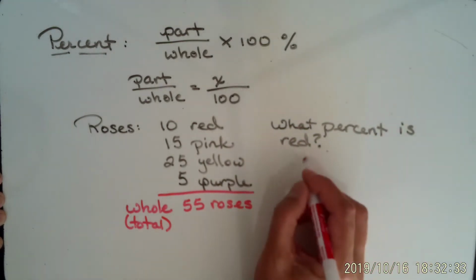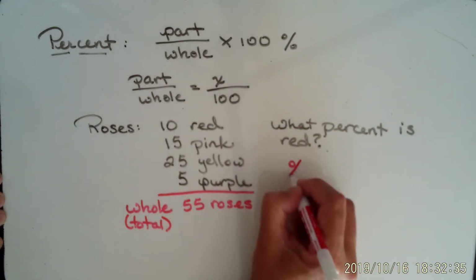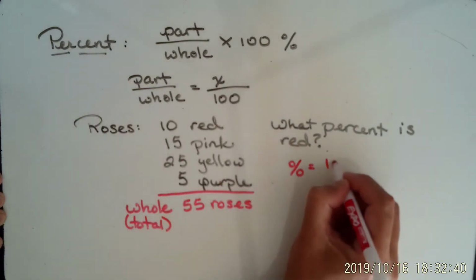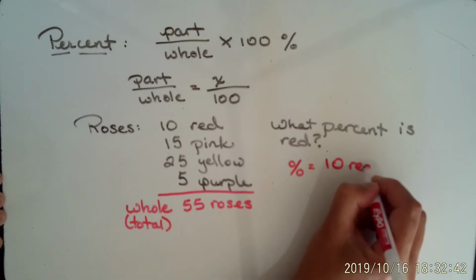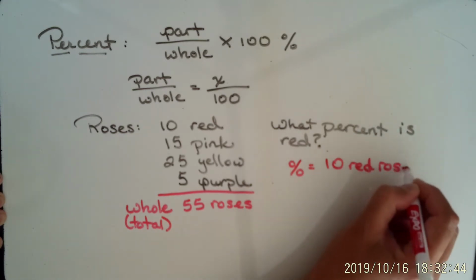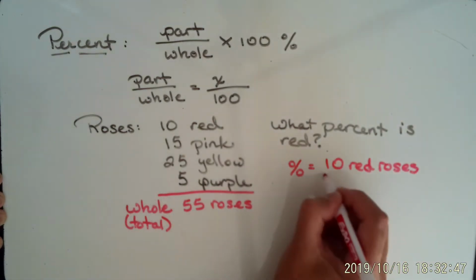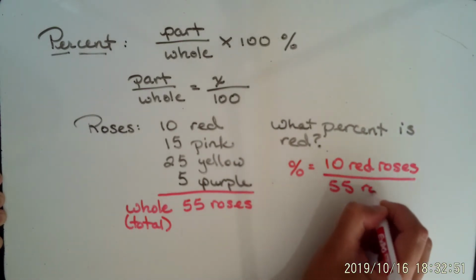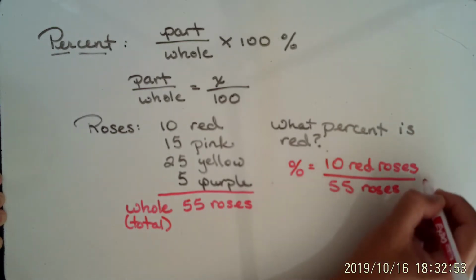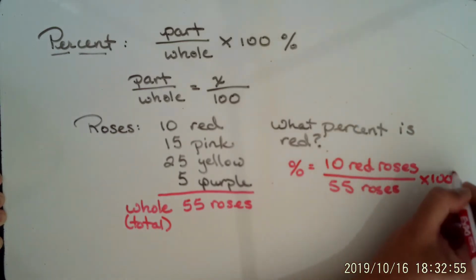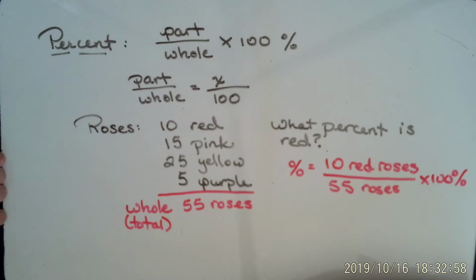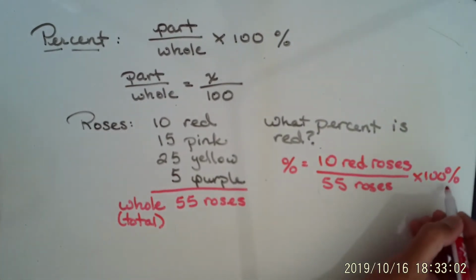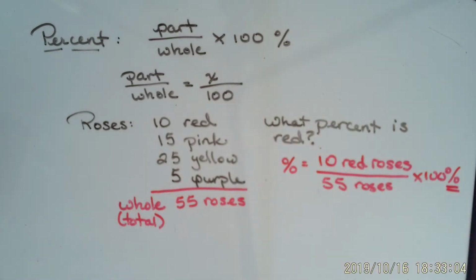And if I want to know what the percent is, we know it's 10 red roses divided by the 55 roses times 100%. Okay? Now when you put it in your calculator, bear in mind, you're not going to use a percent function.